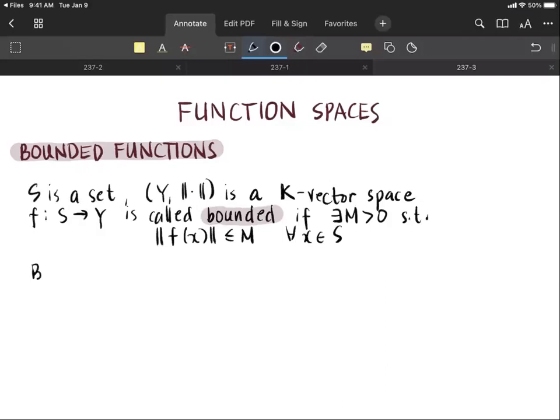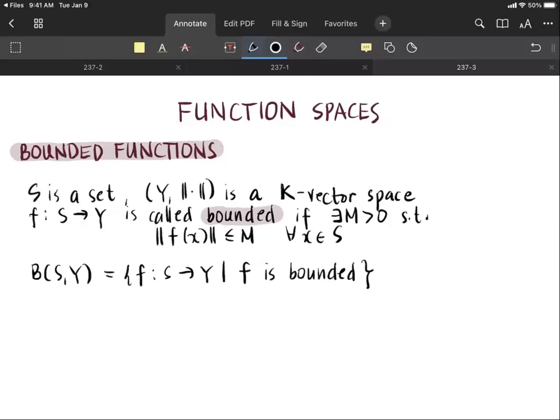Let us denote the set of bounded functions from S to Y by B of S comma Y. So the first set would be the domain, and the second set would be the codomain.